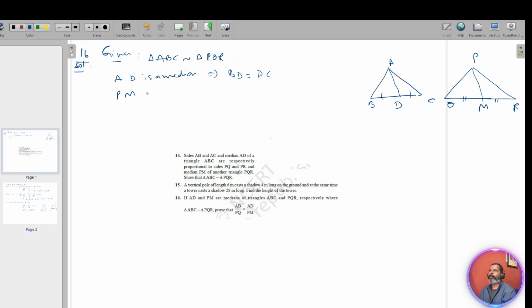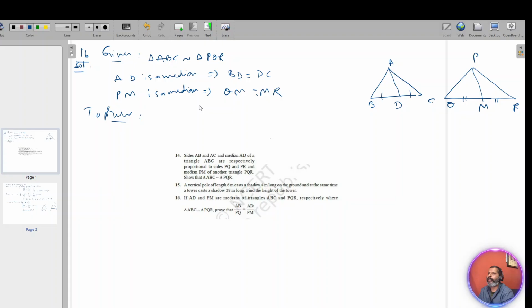So PM is a median. That implies QM is equal to MR. Then to prove, we write what we get from the question. To prove AB by PQ is equal to AD by PM.